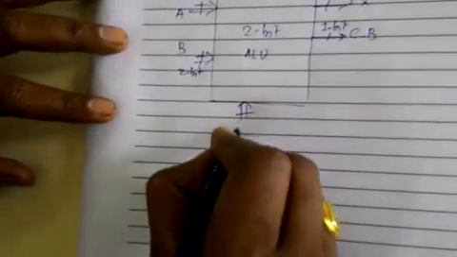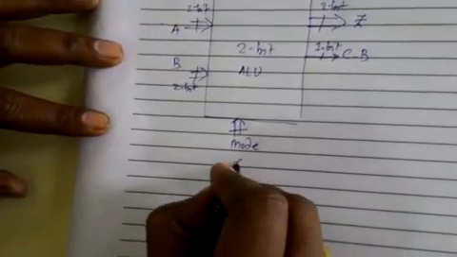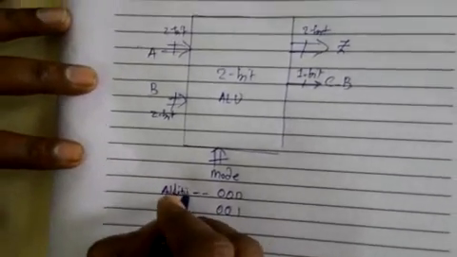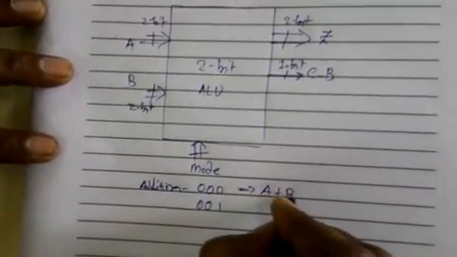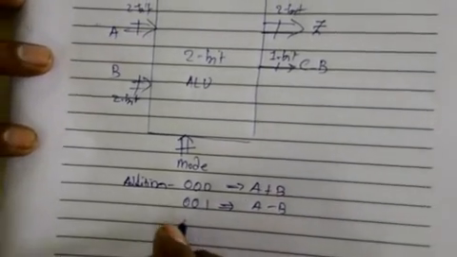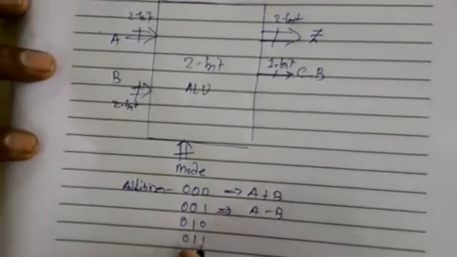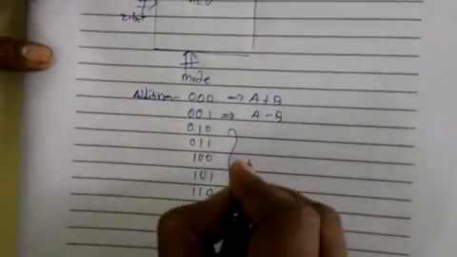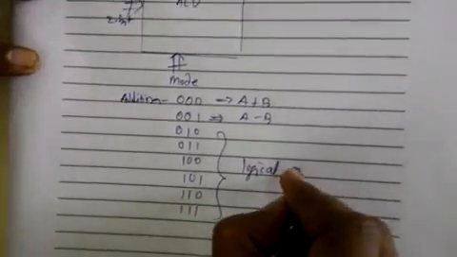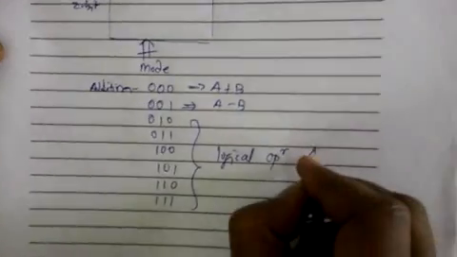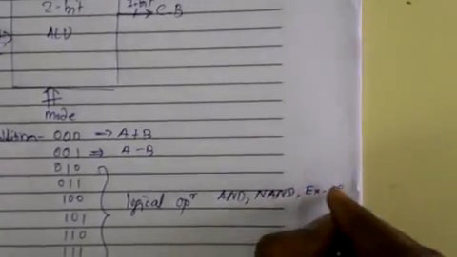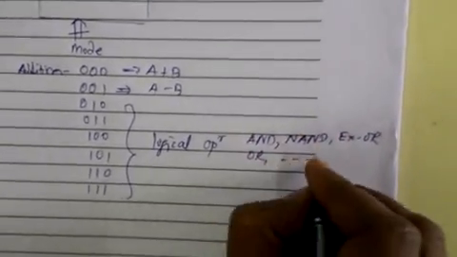We need a mode, which is 3-bit wide, and that mode will have values like 000 and 001. 000 is utilized for addition, A plus B, whereas 001 is A minus B. The rest of the modes, that is 010, 011, 100, 101, 110 and 111, will all be for logical operations, and these may include AND, NAND, XOR, OR, and so on.